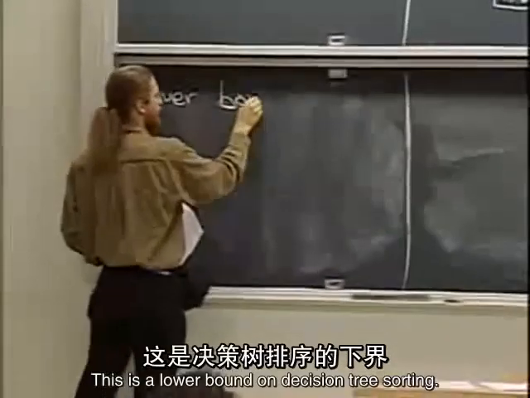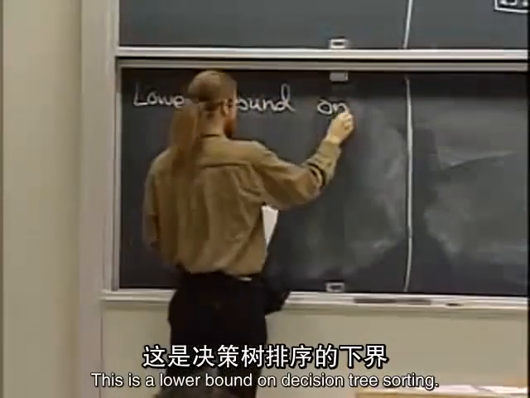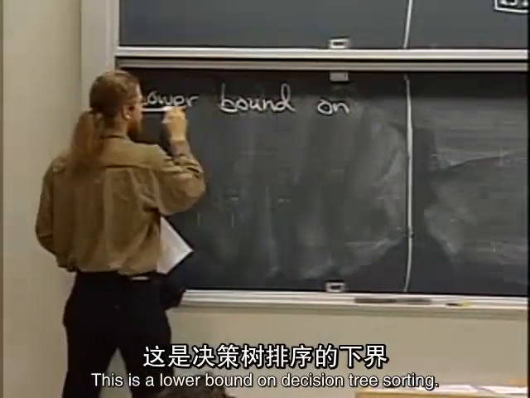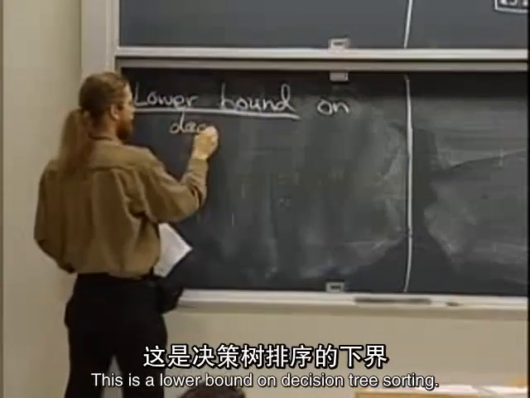So this is a lower bound for decision tree sorting.